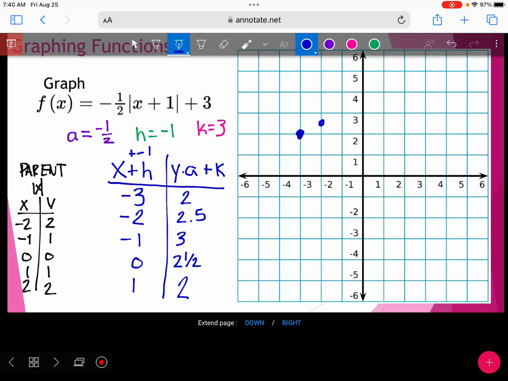Negative 1, 3. 0, 2.5, and 1, 2. And we can see that V shape and our transformations. That it has been squished, it's compressed, somebody sat on it, it's flipped, it's been reflected over the x-axis, it is left 1 and up 3.